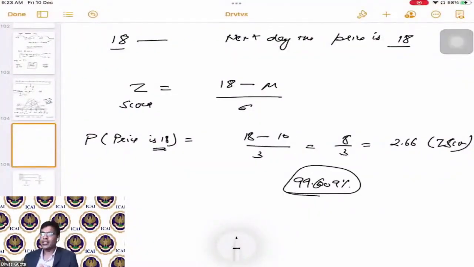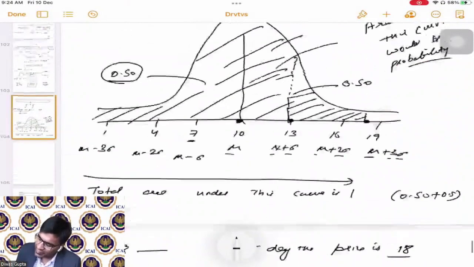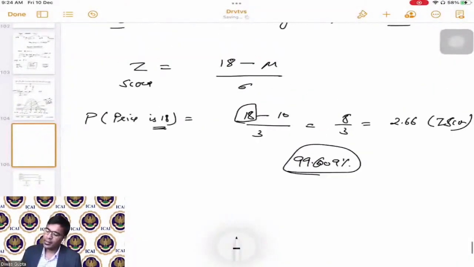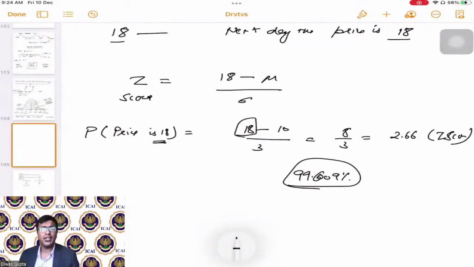We have found the Z score first. How have we found the Z score? We have taken the value for which the probability is required, which is 18. In this case, 18 is lying somewhere here, correct? Here is 18 on this point. For this 18, what is the Z score coming out to be? The Z score is x minus mu divided by the standard deviation, 18 minus 10 divided by 3, hence it comes out to 2.66.